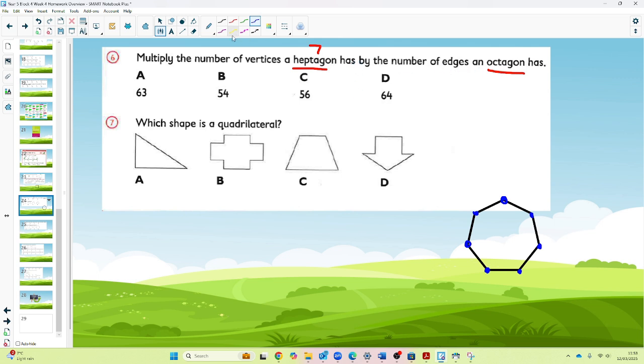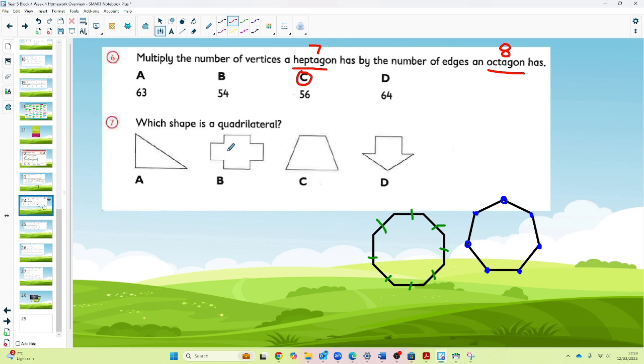And the number of edges on an octagon. If we draw out an octagon, the number of edges that it has: 1, 2, 3, 4, 5, 6, 7, 8. And of course, oct gives you a bit of a clue if you think of an octopus for how many legs or tentacles it has. So multiply the number of vertices a heptagon has by the number of edges an octagon has. Therefore, we're going to do 7 times 8, which is 56.